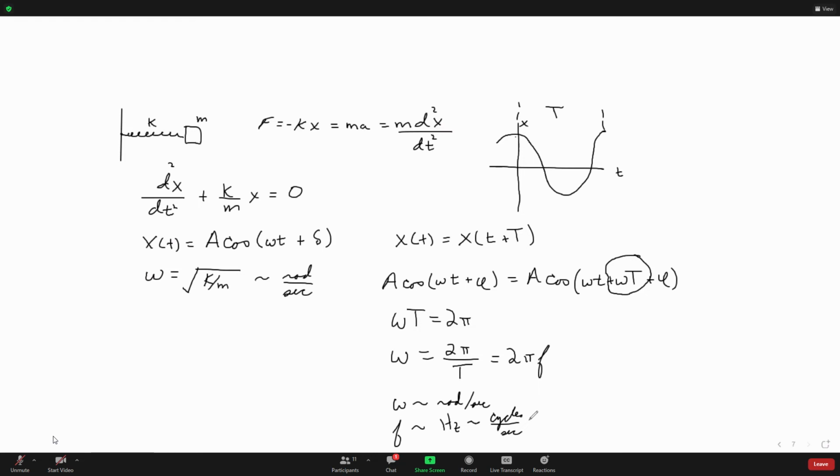Okay, so that tells us what omega is. Now, let's assume we know the solution for our simple harmonic oscillator.